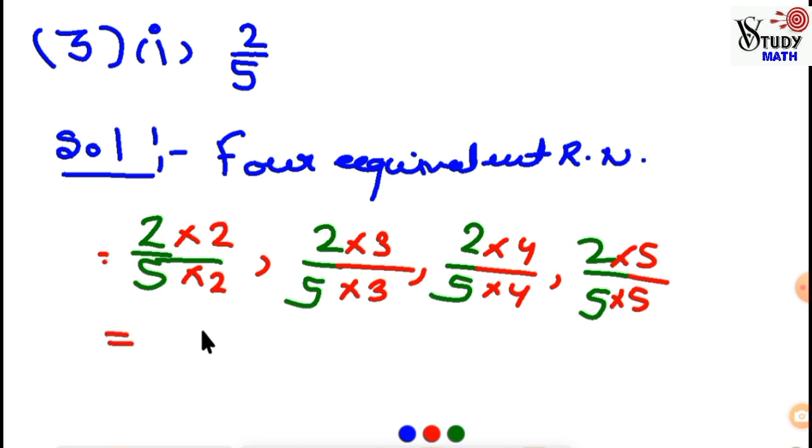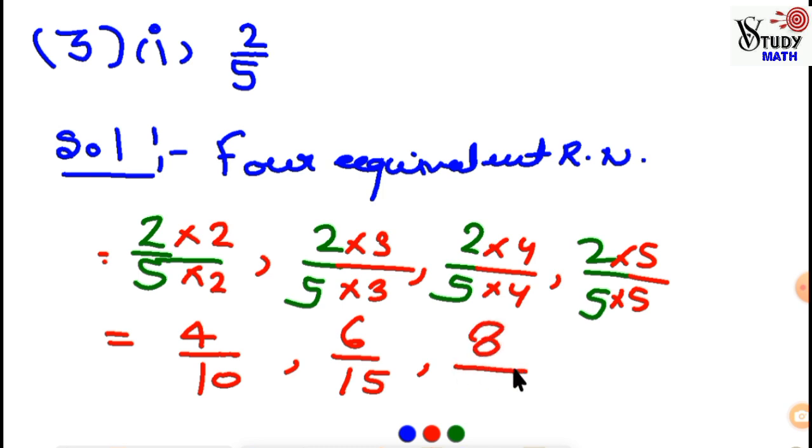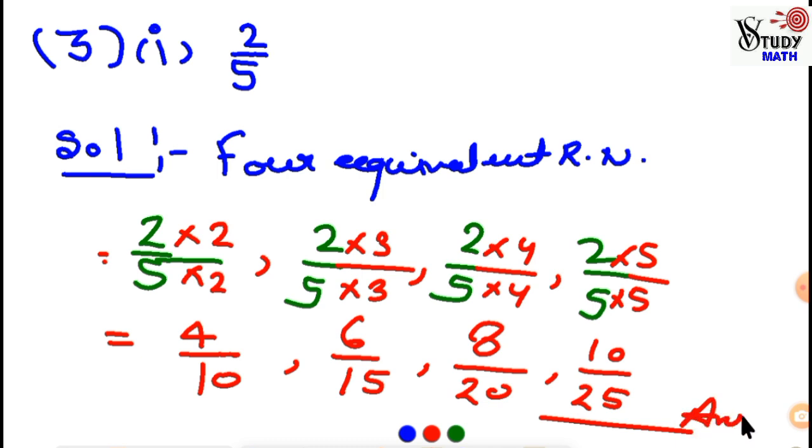Now 2 2s are 4, 5 2s are 10, 2 3s are 6, 5 3s are 15, 2 4s are 8, 5 4s are 20, and 2 5s are 10, and 5 5s are 25. And this is the answer of this problem.